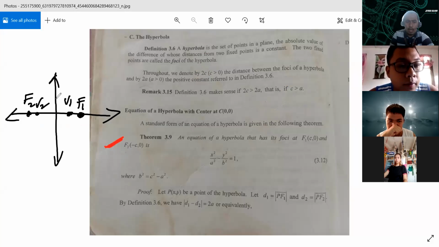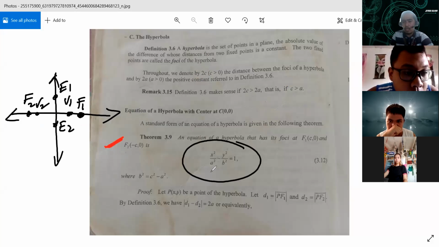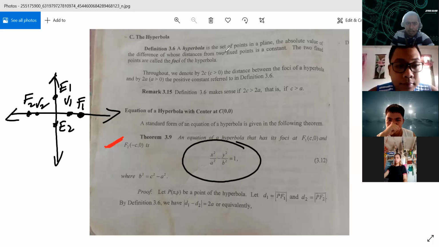Then you also have extremity 1 and extremity 2. This equation will describe those hyperbolas that look like this one. Let me use red. The hyperbola looks like this.